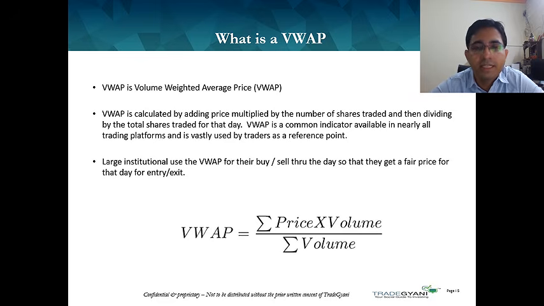Its limitation is that it's calculated from the session start and ends at your session end. The simple formula is the sum of price into volume at all times during the day, divided by the total volume till that particular time. That's your basic VWAP calculation.